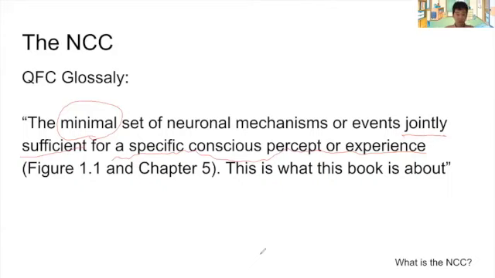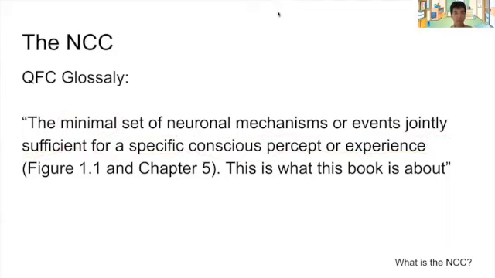They do contribute to the normal functioning of the brain and normal functioning of consciousness, but if you give the qualification of a specific conscious percept or experience, and if it's jointly sufficient, then it's likely that these mechanisms are not part of the NCC.